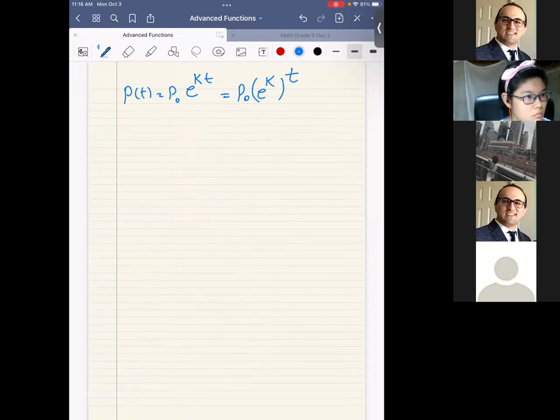This equals P0 times 1.022 to the power t. And we know that P0, the initial population, is 33 million.